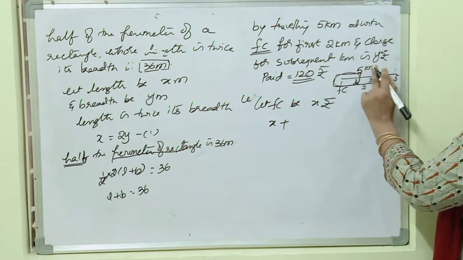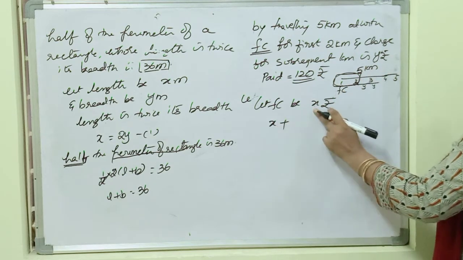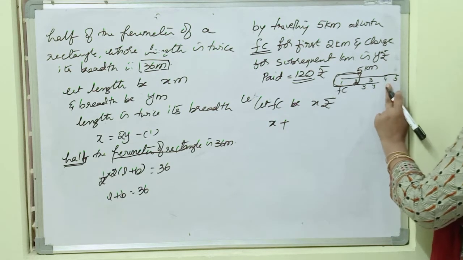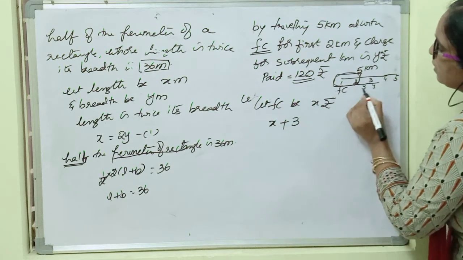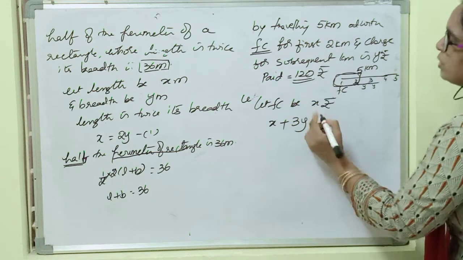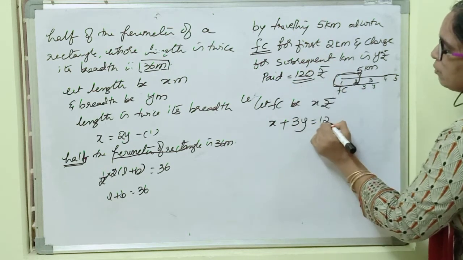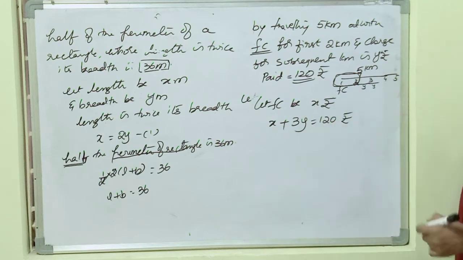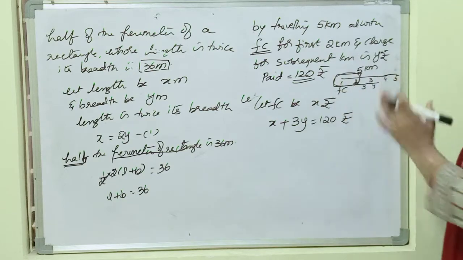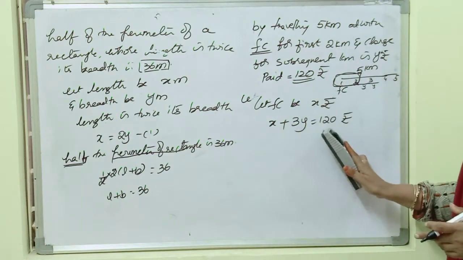Out of 5 kilometers, for the first 2 I already paid x rupees. So the remaining are 3 kilometers. For the 3 kilometers, for every kilometer he is paying y rupees. Which is equal to how much did he pay? 120 rupees. So this is how we convert the English statements into mathematical statements, the equations.